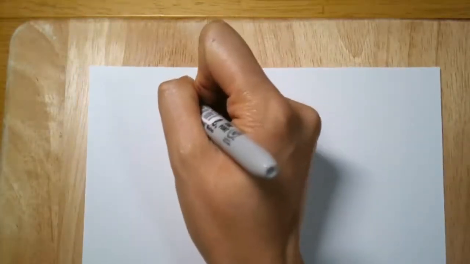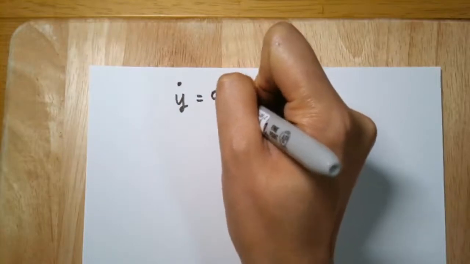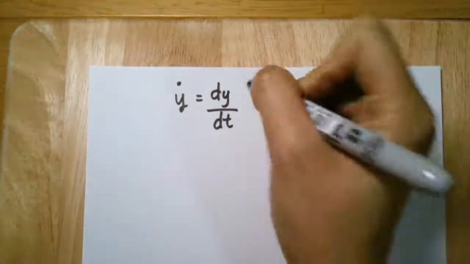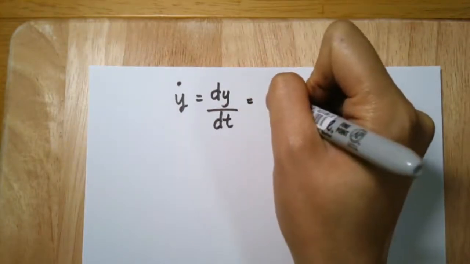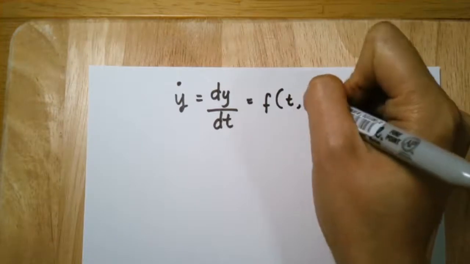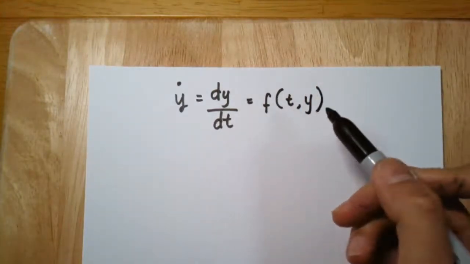As I said, ODE45 solves a system of equations of the form y dot, which is dy over dt, equal to f, a function of t, your independent variable, and your dependent variable y.